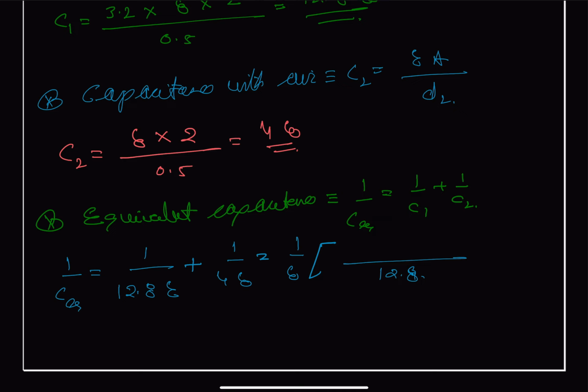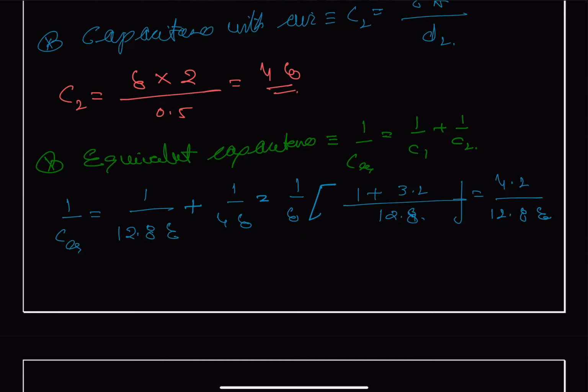It comes as 1 plus 3.2, which comes as 4.2 upon 12.8 times epsilon naught. And from here we can see our C equivalent will be approximately equal to 3.05 epsilon naught.